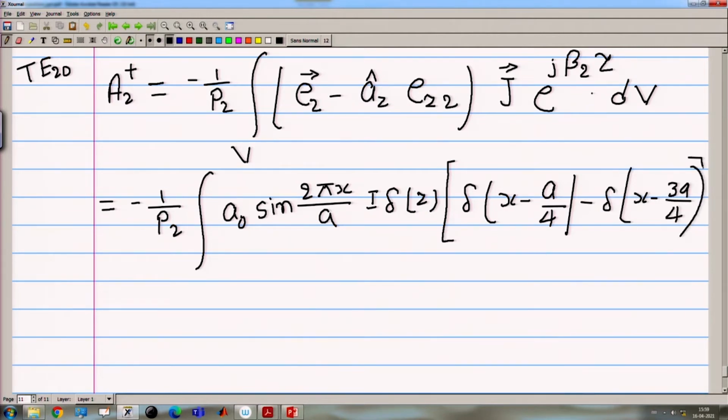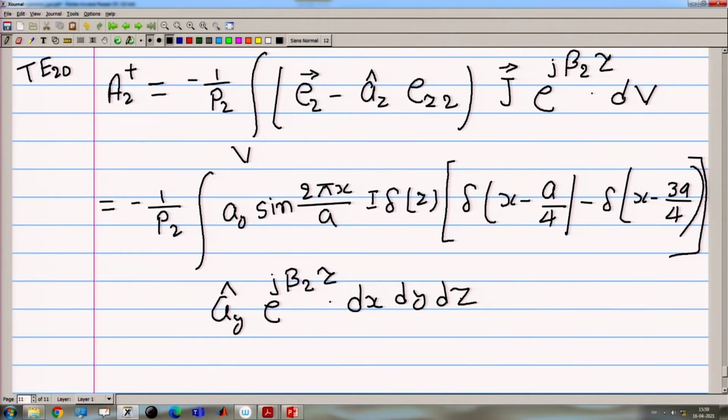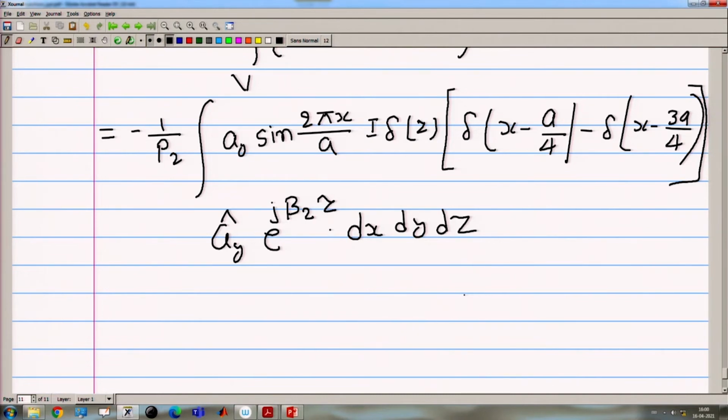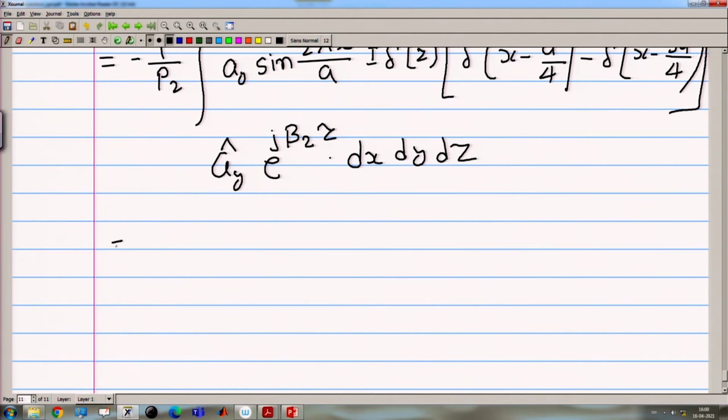So, this will come, and then a by e to the power j beta 2 into z into dx dy dz. So, same as previous, we can separate this integral out into two parts, and x is equal to a by 4. So, this will be sine of pi by 2. At x is equal to a by 4, a will cancel out and into pi by 2. So, this will be minus 1 upon P2.